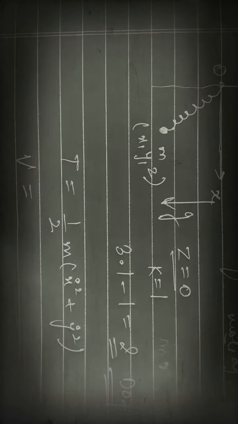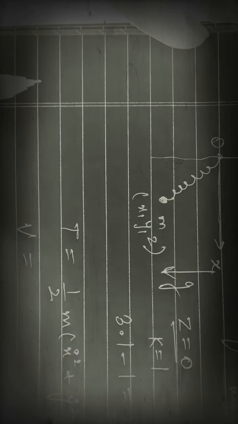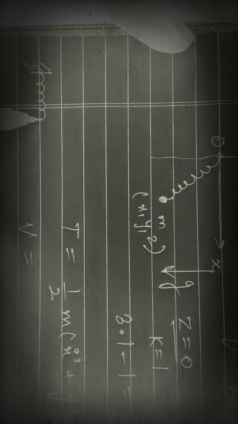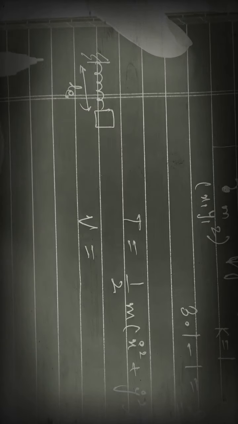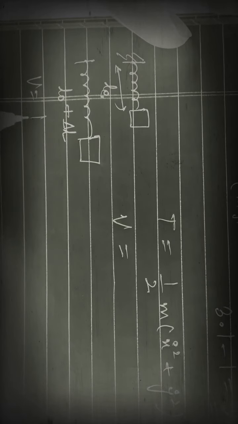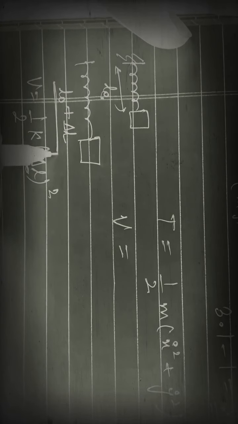Some basics about the spring: if the spring has original length L0 and is displaced or changed by some delta L, its potential will be half k, the spring constant, times delta L square, where delta L, the displacement, is the changed length minus the original length.